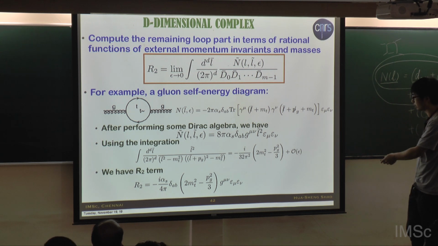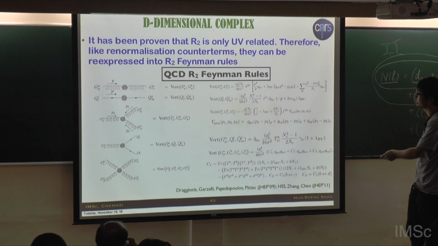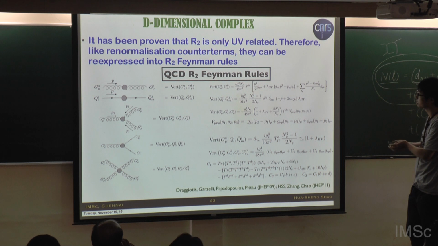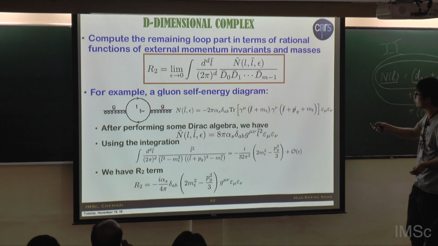We have the R2 term of these, and after I drop the external legs, truncated, I get the vertex Feynman rules. So in principle I can get my Feynman rules, because R2 is only UV related. That means when you integrate this, the epsilon in the numerator must cancel against the integration giving 1 over epsilon UV, not 1 over epsilon IR.